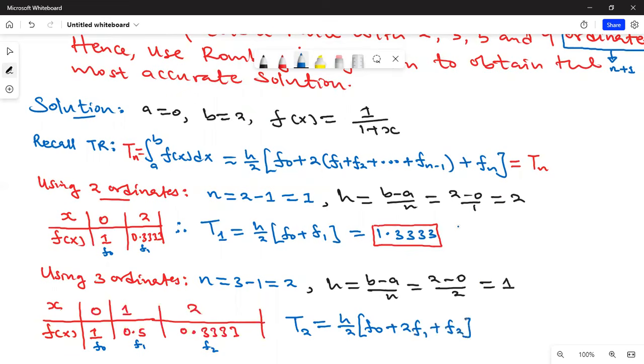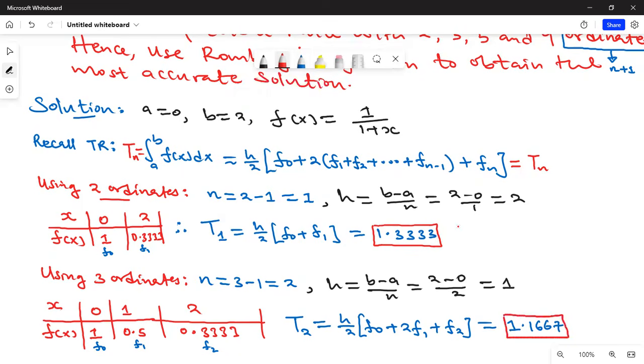If you use the formula, you know the values of f0, f1, f2, and you also know the value of h, which in this case is 1. When you substitute and press into your calculator, you need to get 1.1667 as your approximate solution. So this is when we use 2 subdivisions.